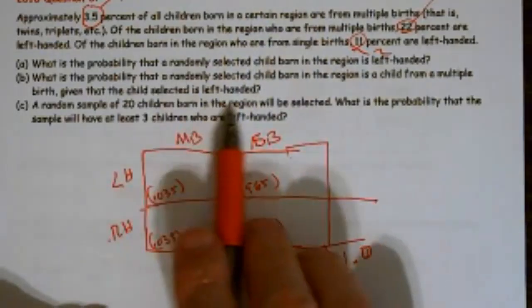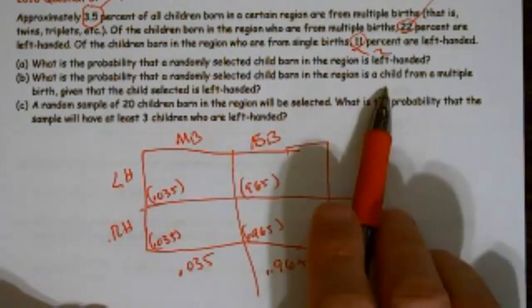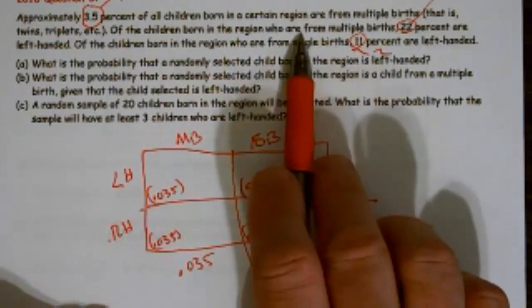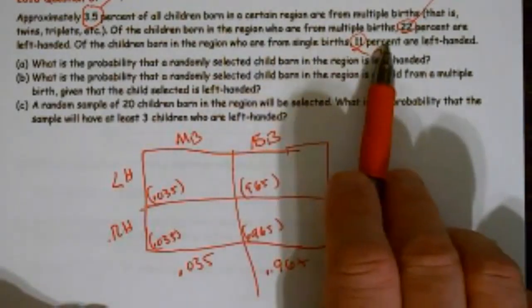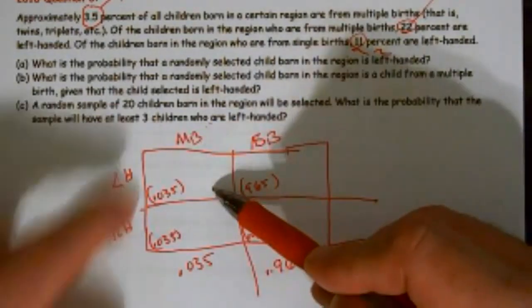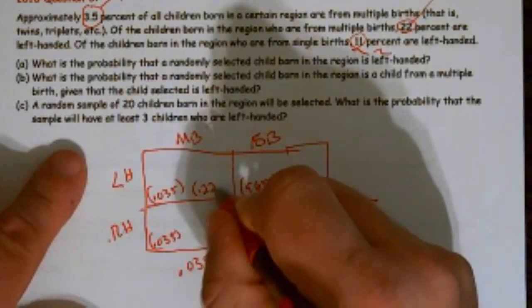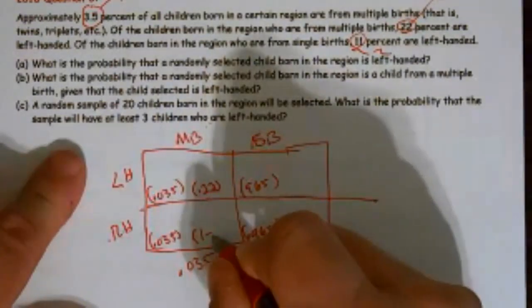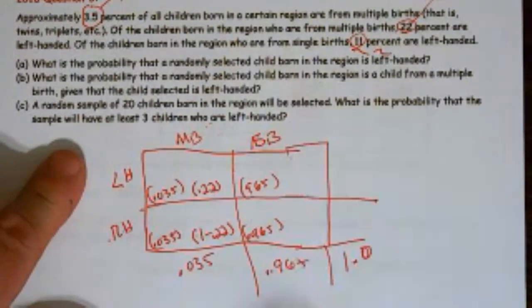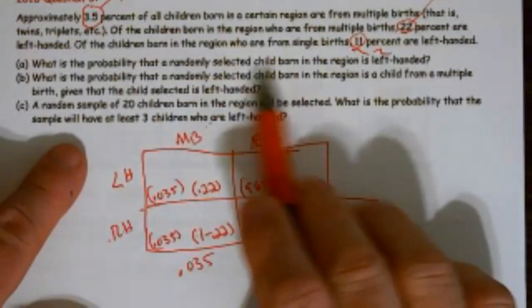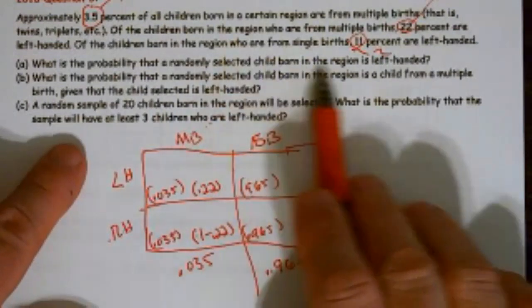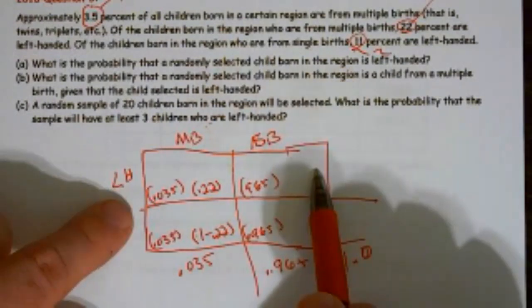Of the children who are from multiple births, 22% are left-handed. So that means this is going to be 0.22, and this is 1 minus 0.22. Of the children born in the region who are from single births, 11% are left-handed.